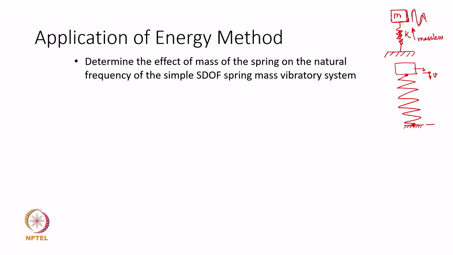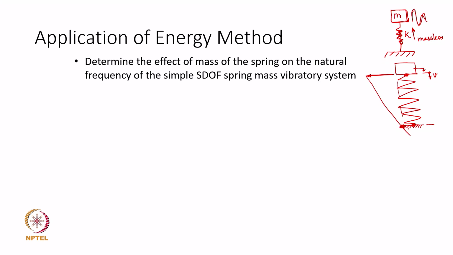So, the velocity of the spring is going to be 0 here, and it will have a maximum velocity here. Similarly, the displacement is going to be maximum at this end of the spring, and it will be 0 here.